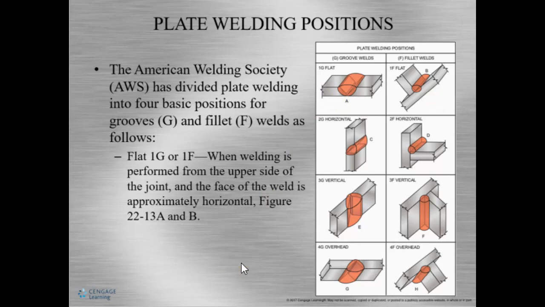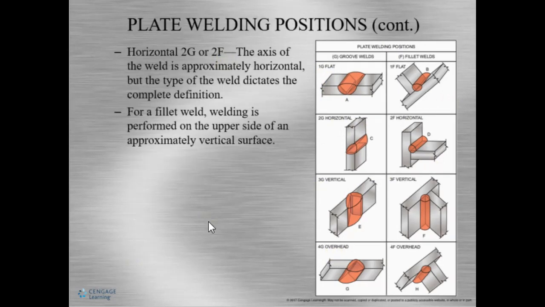Groove is abbreviated by the letter G. Fillet is abbreviated by the letter F. Who would have thought? All right, so for every position, there is a number that abbreviates this. So 1 is flat, 2 is horizontal, 3 is vertical, and 4 is overhead. So we can look at it like this.